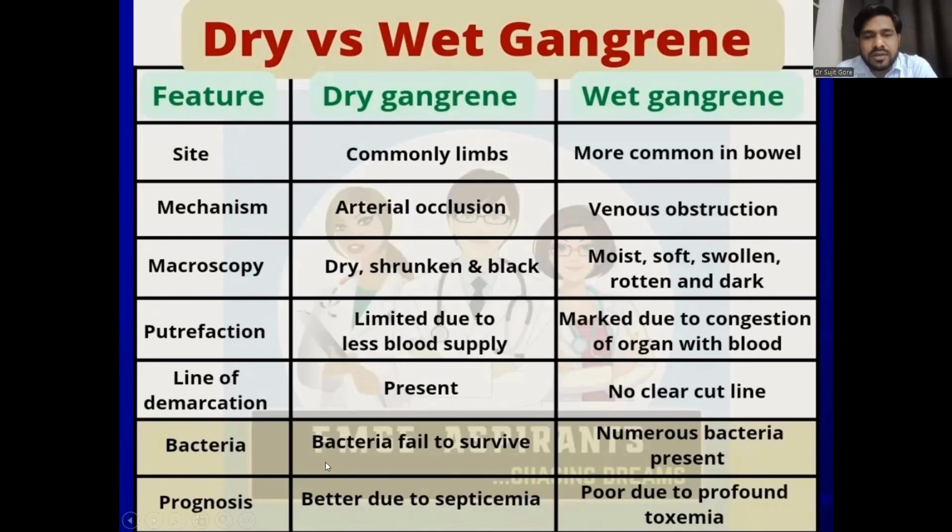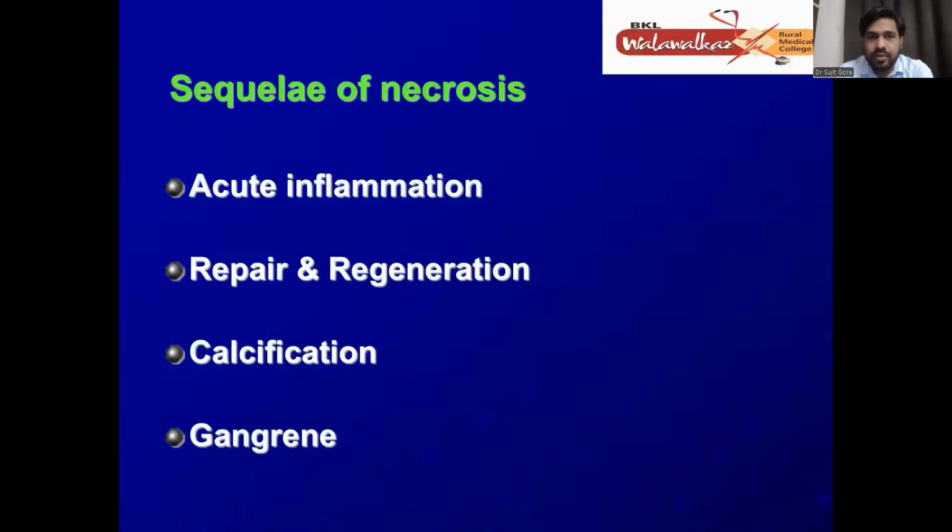Regarding bacteria, in dry gangrene bacteria generally fail to survive, but in wet gangrene there are numerous bacteria, for example bacteria affecting the intestines. Prognosis is better in dry gangrene, and poor in wet gangrene because of profound toxemia.